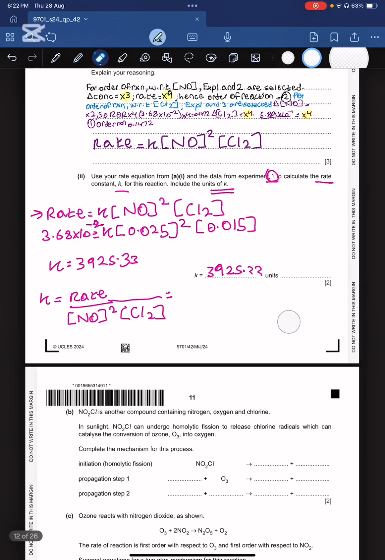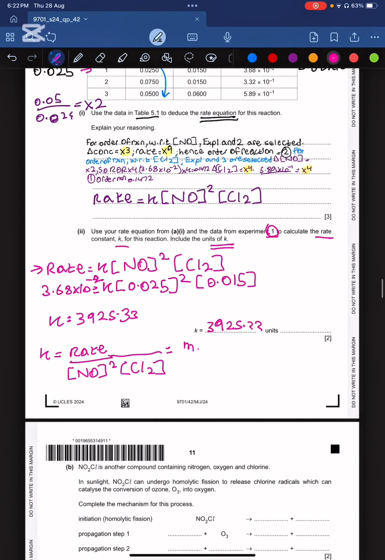Let me just write this down. Mole dm minus 3 minute minus 1 becomes mole 3 dm minus 9. Mole gets cut here. This becomes 2. And then this goes upwards. The minute stays as it is.